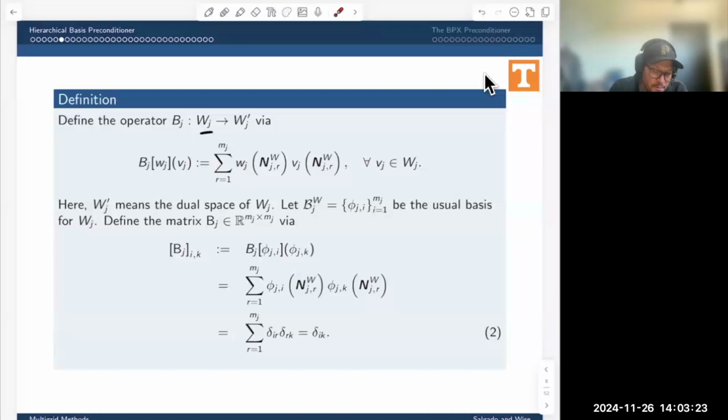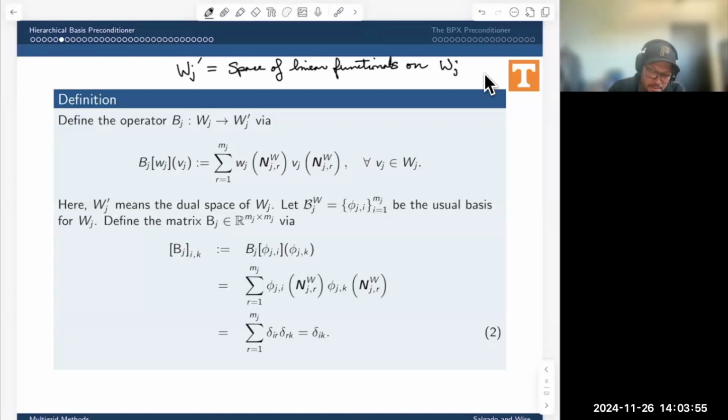This is the notation we use for the space of linear functionals on WJ. That's a common notation, so I should remind us of that. What is a linear functional on WJ?